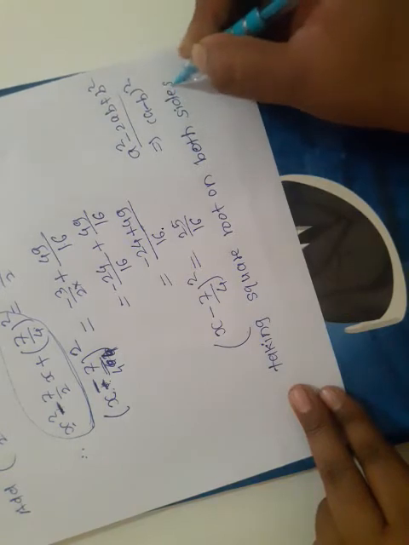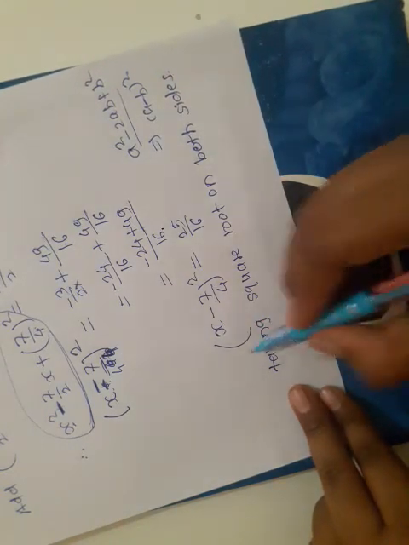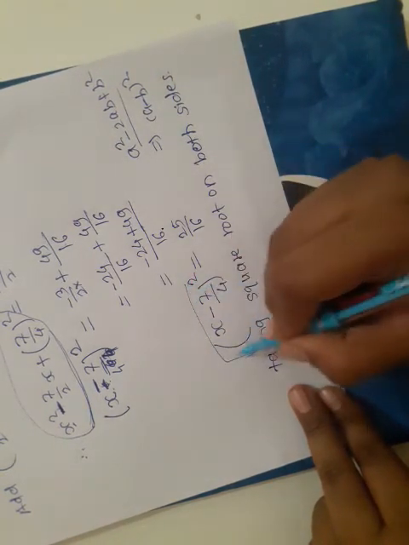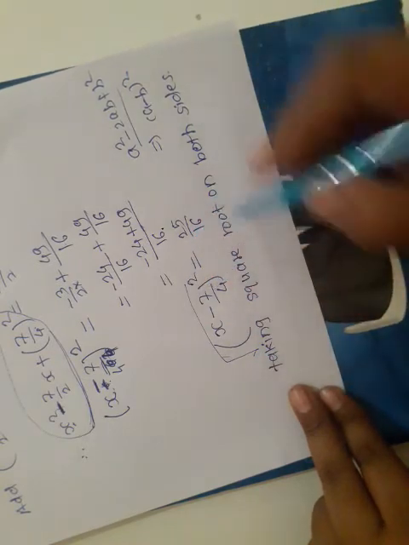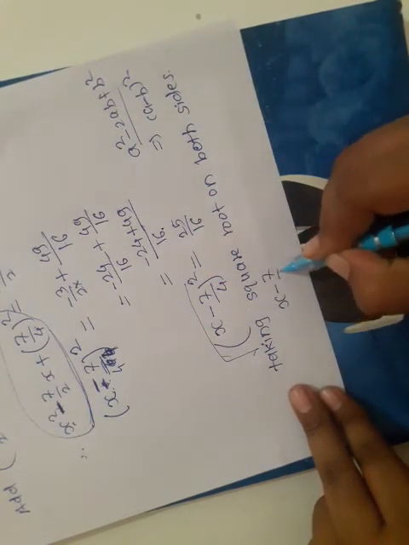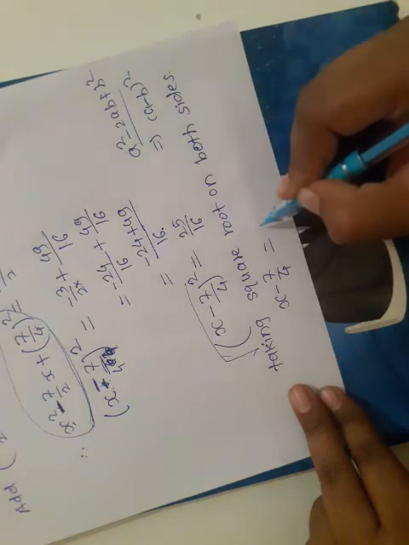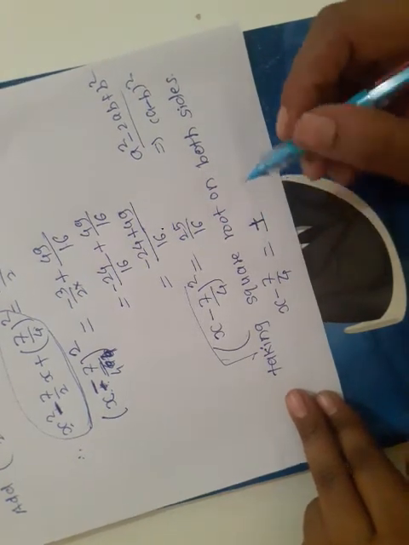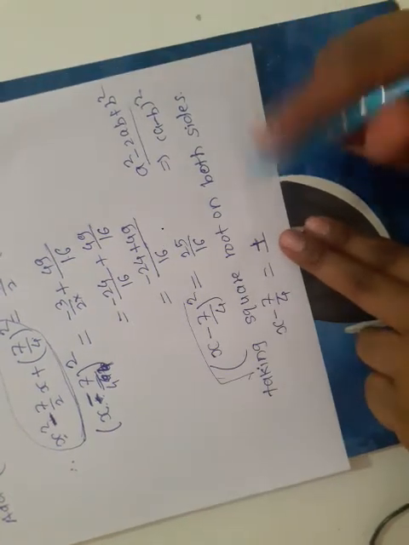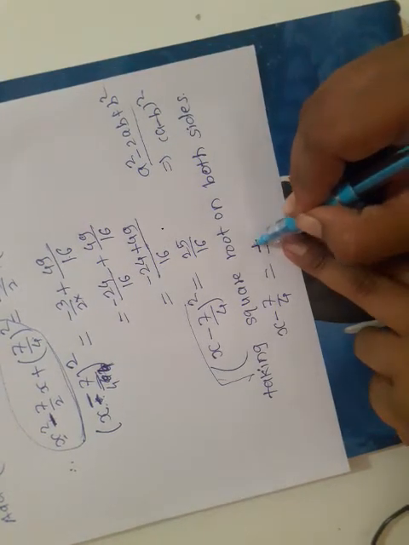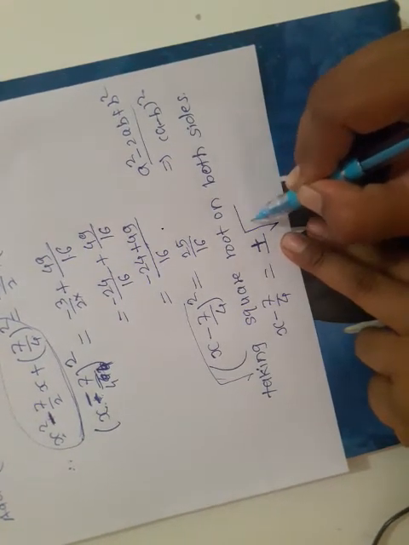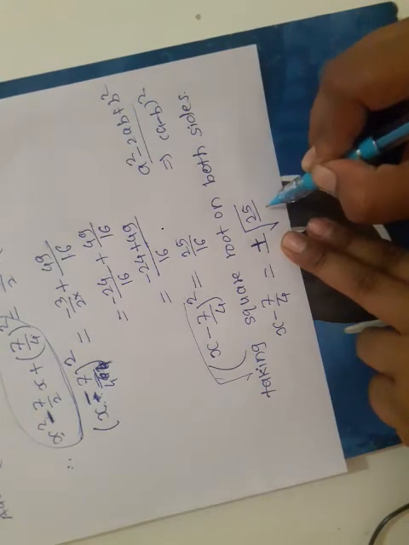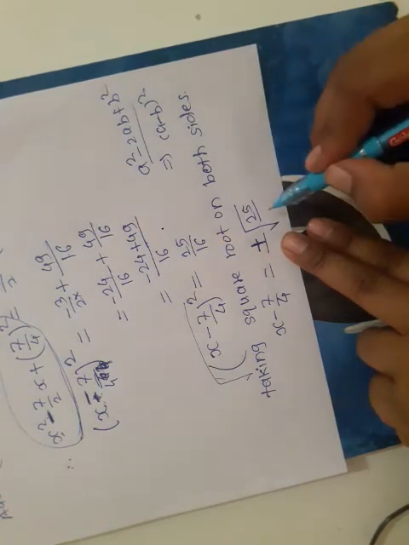If we take the square root on this side, then the square root and square vanish, so we get x minus 7/4 only. On this side, we take the square root with plus or minus sign, because when we take a square root we get two possibilities, positive and negative. Then write down, in square root, 25 upon 16.